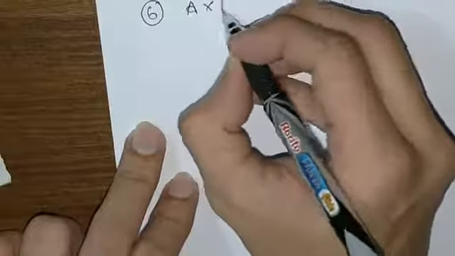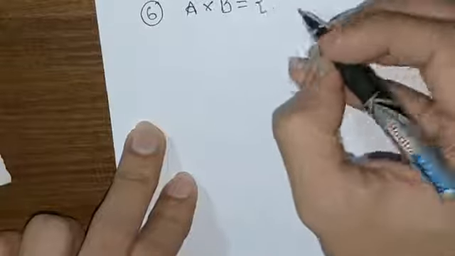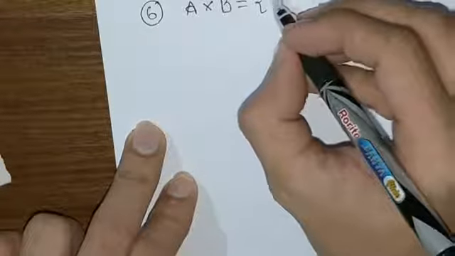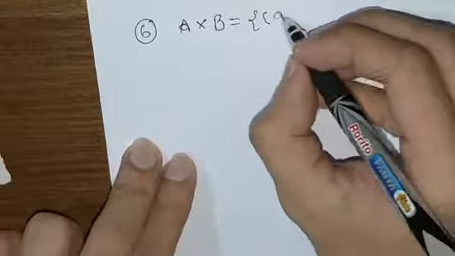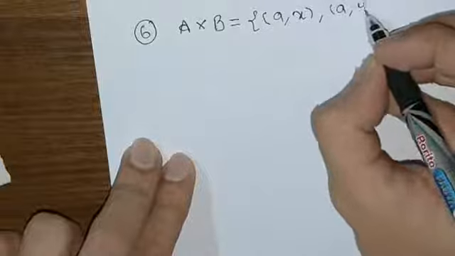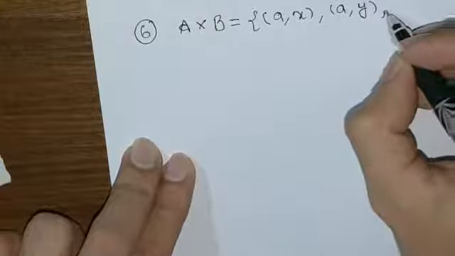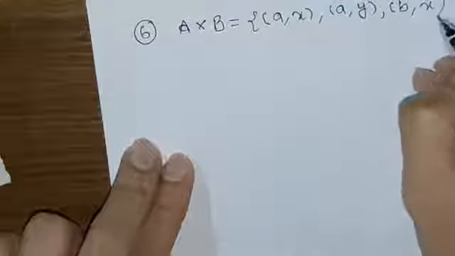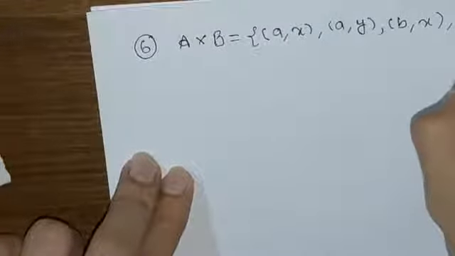A cross B is given as (a, x), (a, y), (b, x), (b, y).